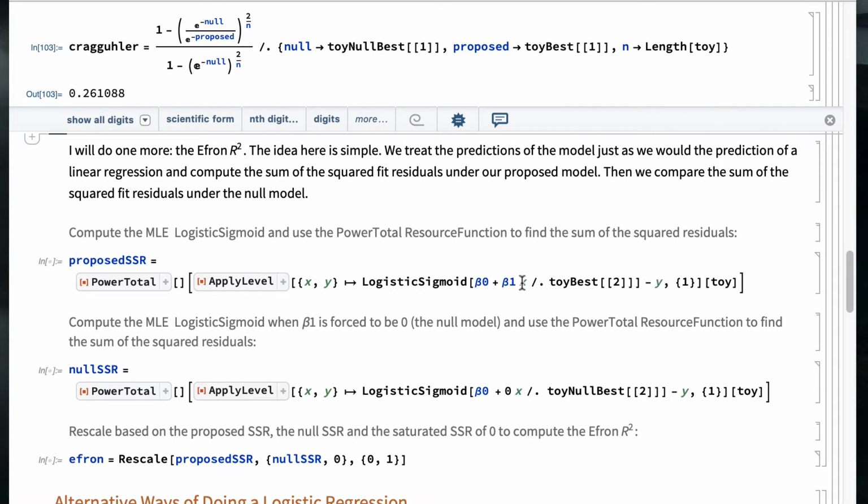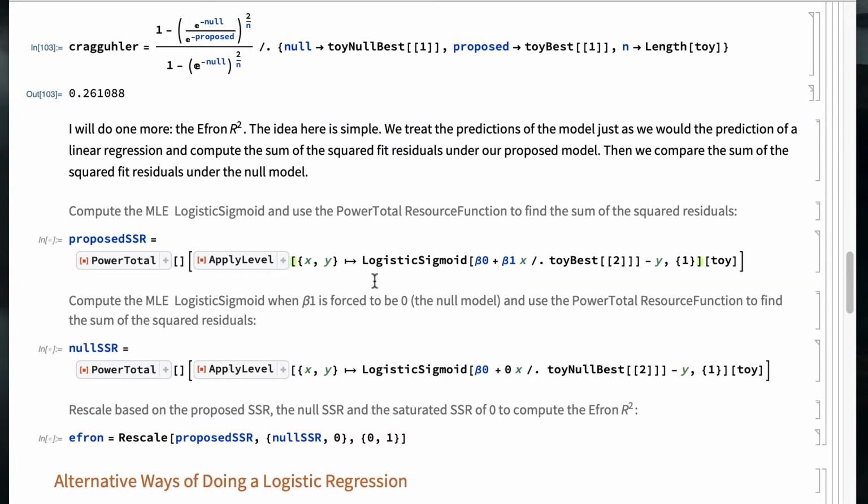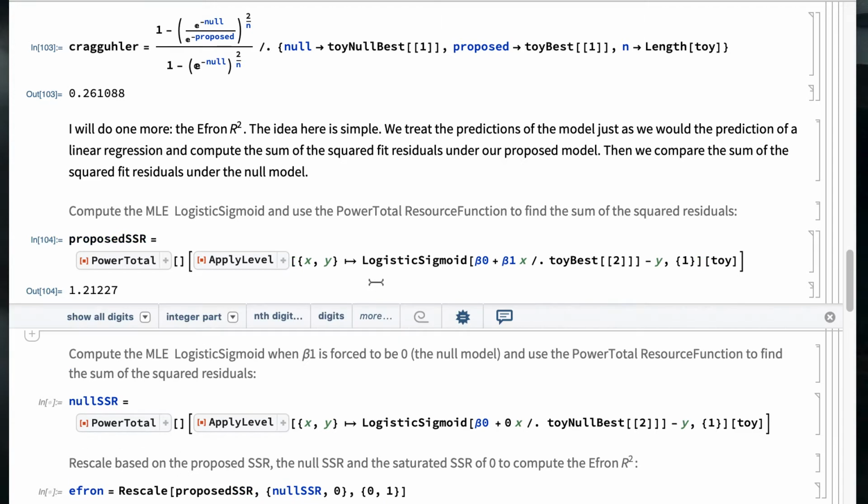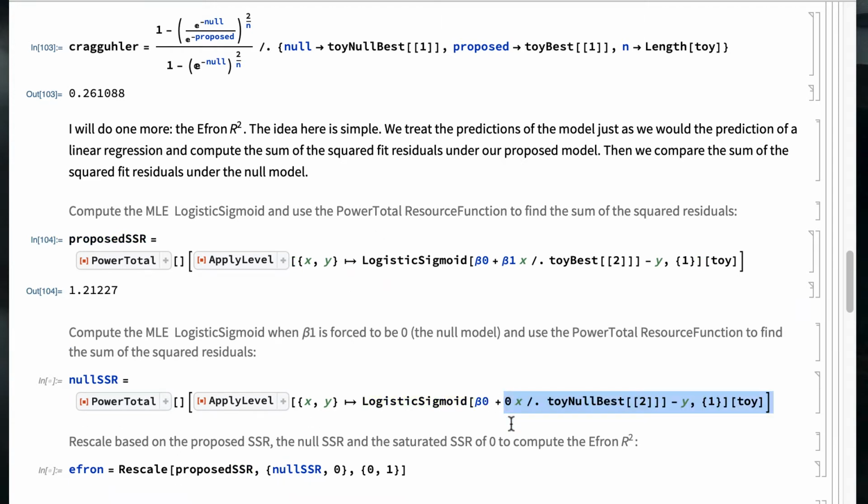What probability would your model predict minus the actuality? And take the sum of the squares. Here I use the power total resource function that you all love. So here it is under the proposed model. Here it's what it would be under the null model, where I can't take advantage of the x information. I stuck a 0 in front of it.